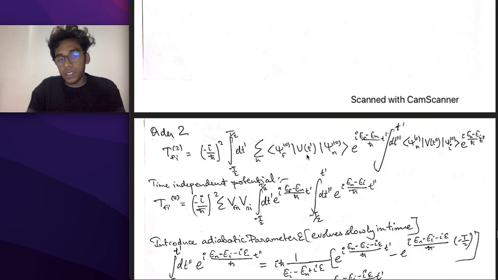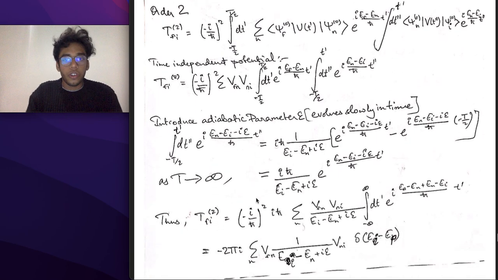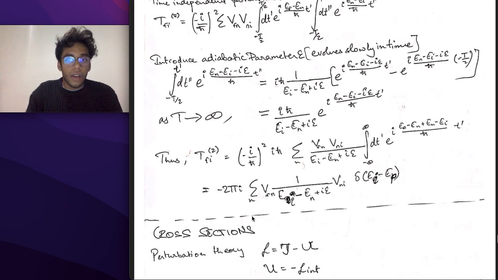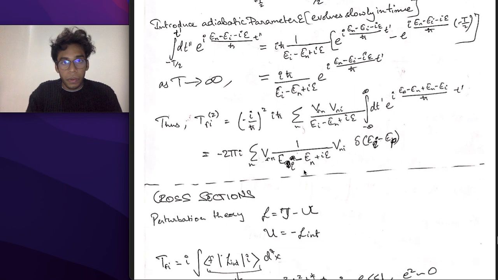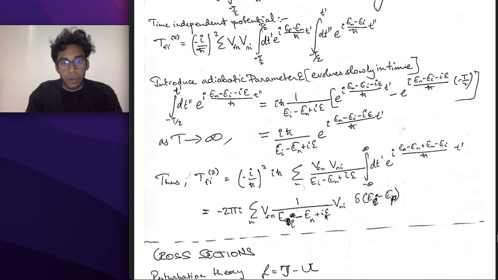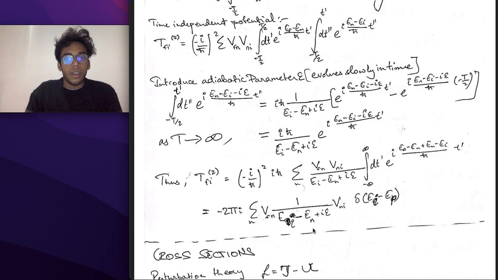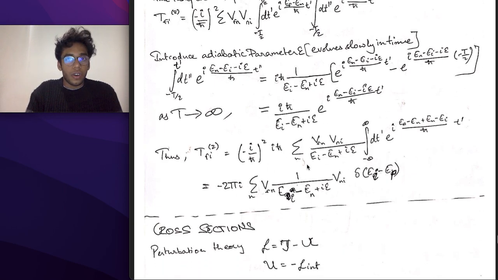And you have things for your second order, and you have your time dependent potential, and then you have your notion of a propagator, I mean your infinitesimal propagator from Ei to En. So this happens at your second order.